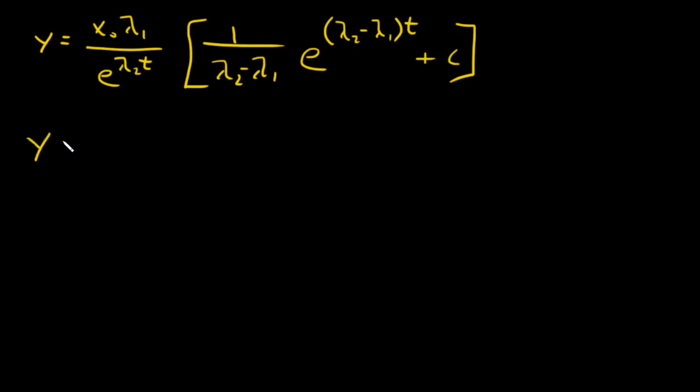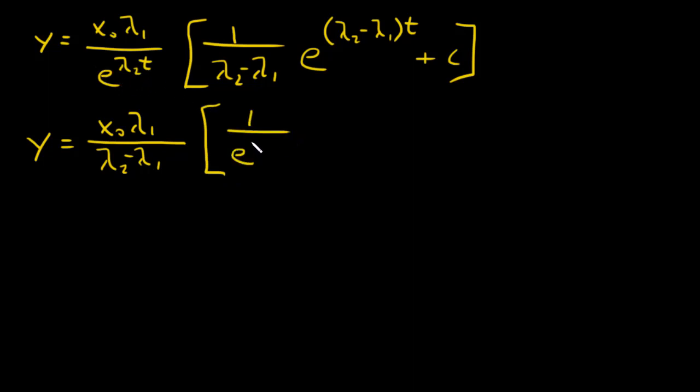So here we go. Y is equal to x naught lambda 1 over lambda 2 minus lambda 1. And then I'm going to have that multiplied by 1 over e to the lambda 2t times e to the lambda 2t times e to the negative lambda 1t.